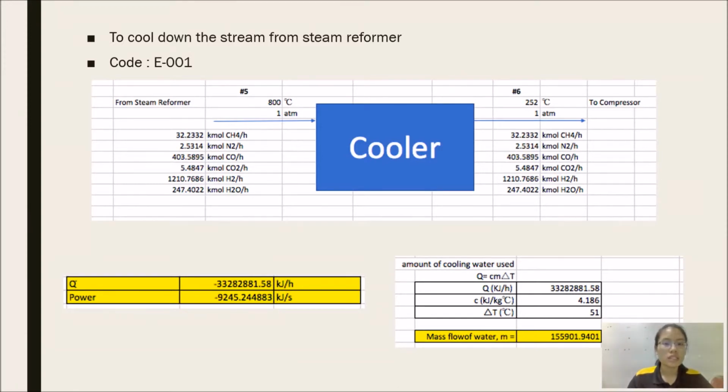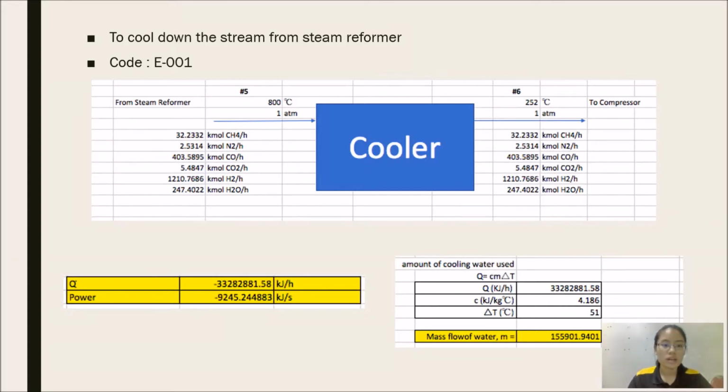For the cooler, we use water as coolant. The cooler is a heat exchanger, which is a unit that transfers heat between two fluids without mixing. So the water will absorb the heat from the stream and then release it.